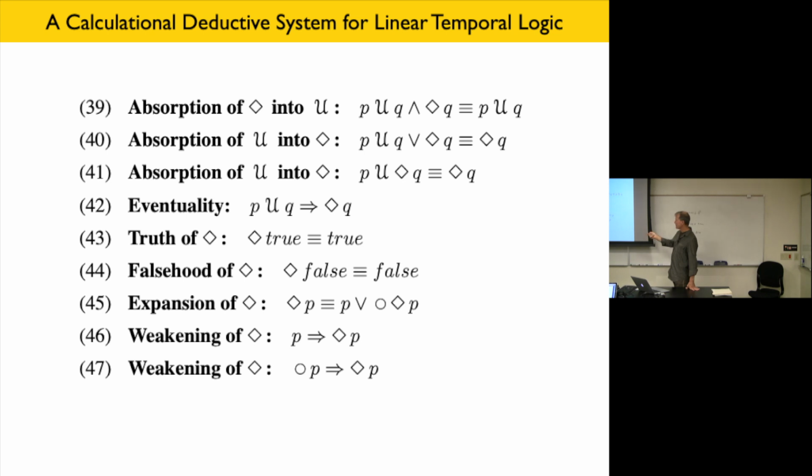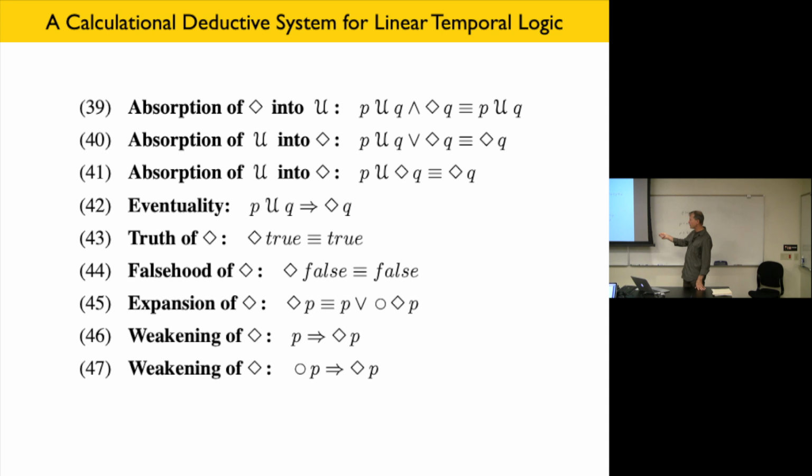And then here's expansion. Now, what was our expansion of until? Expansion of until said P until Q was Q or, in parentheses, P and next P until Q. So this is how eventually expands.